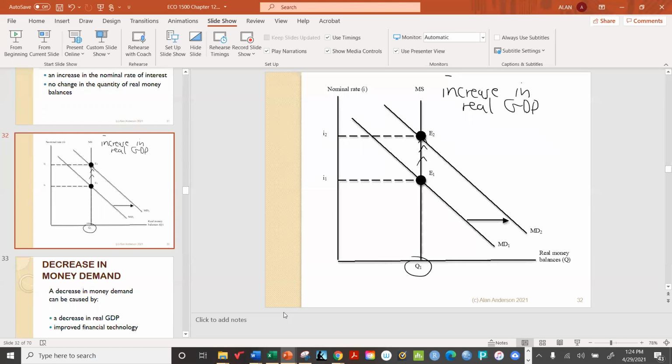And if you look at data over time, you'll see that when the economy is expanding, then interest rates tend to go up because people want to hold more money because they're becoming more affluent. On the other hand, if the economy is slumping, the opposite should happen.